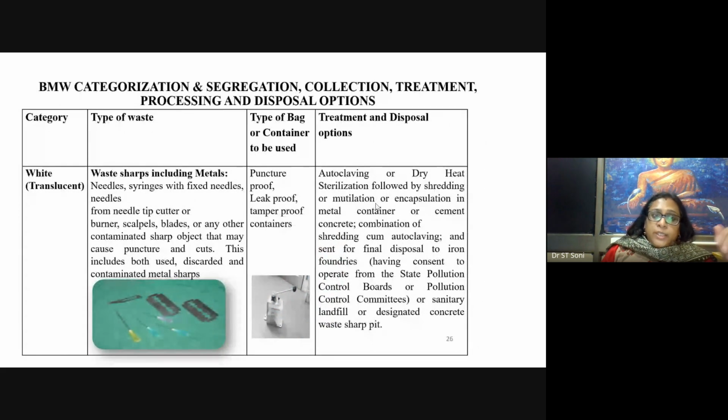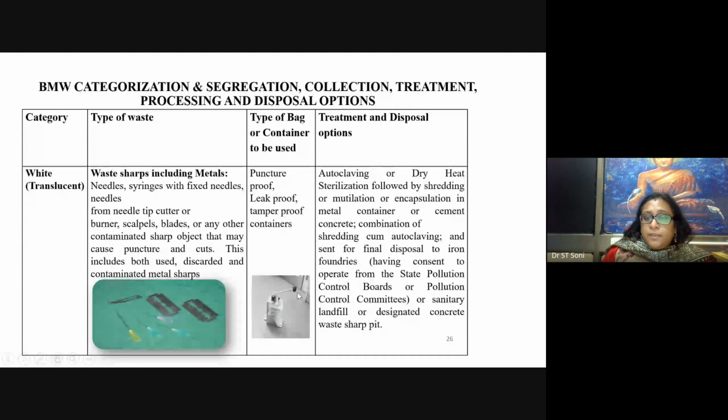Then the other two categories come, that is the white category. So white waste, definitely waste sharps, including all the metals. So needles, syringes, fixed needles, scalpel, blades, contaminated sharp objects have to go into a white container. I have shown a very small pic over here, which is a white container with a hub cutter.